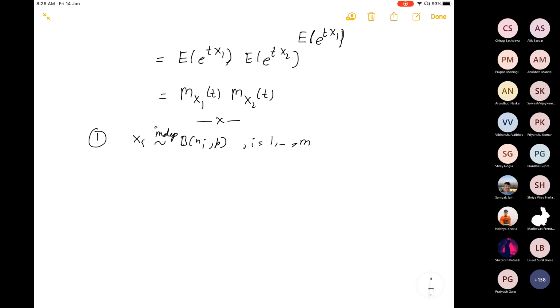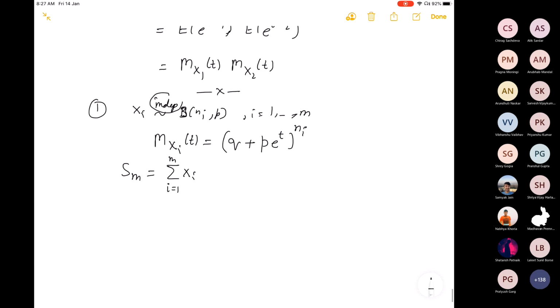Okay, so they are independent also. Can anyone remember what is the moment generating function of the binomial distribution? q plus p e raised to power t. Yes, (q plus p e raised to power t) raised to power ni here, i from 1 to m. Now let me take Sm as the summation of xi, i from 1 to m.